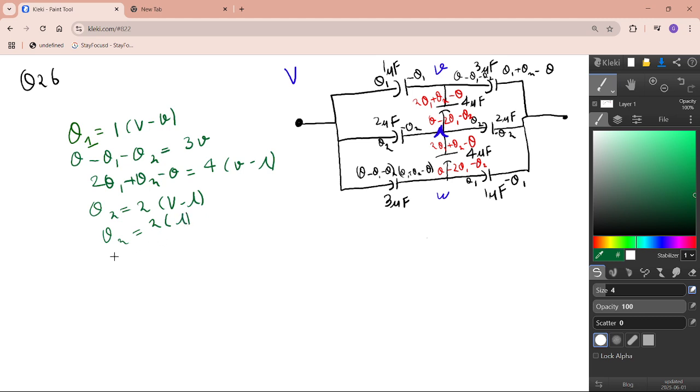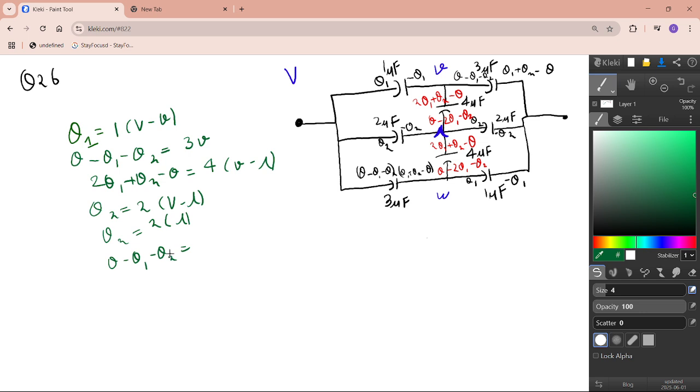Then I'll have for this 2Q1, let me write that bit later. So for these I have Q minus Q1 minus Q2. Of course I'm going in the direction of current, so the potential difference is positive and the charge is positive.